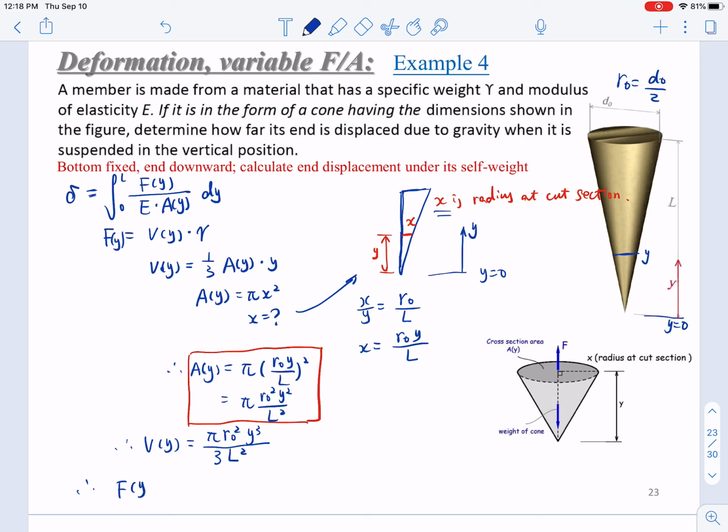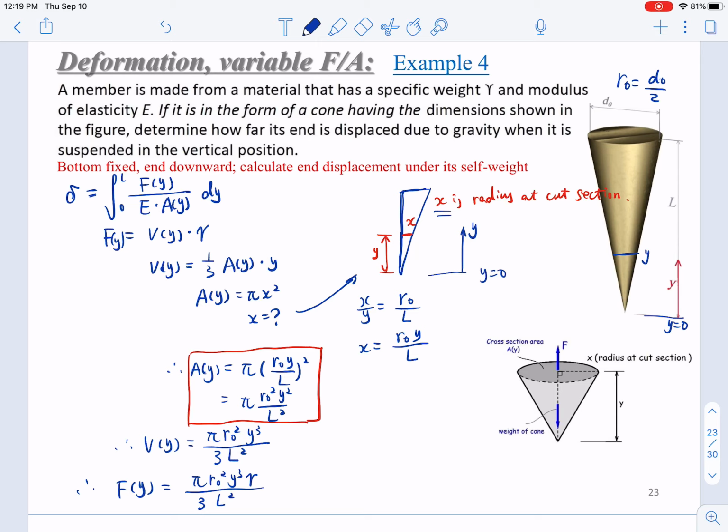Fy can be expressed here. Fy equals just V times gamma, so we will have pi R0 squared y cubed gamma over 3L squared. So we get the expression of Fy, that is the force.